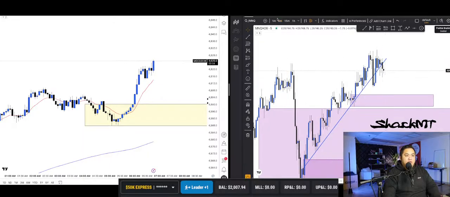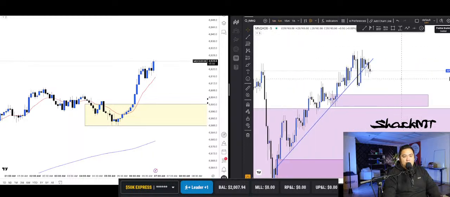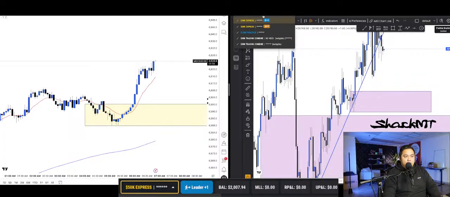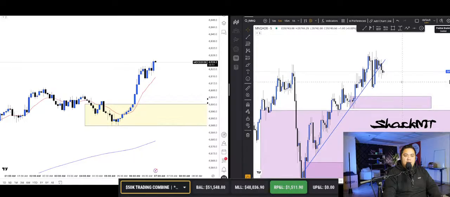I would like to short the move, but I'd rather wait for an entry here. I actually have the combine still, and made 1,500 last night on the combine, so I can't trade this anymore. I have to let this play out.